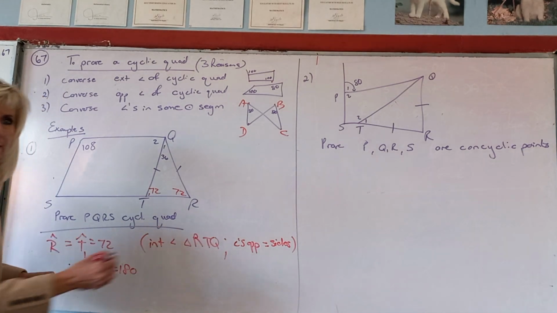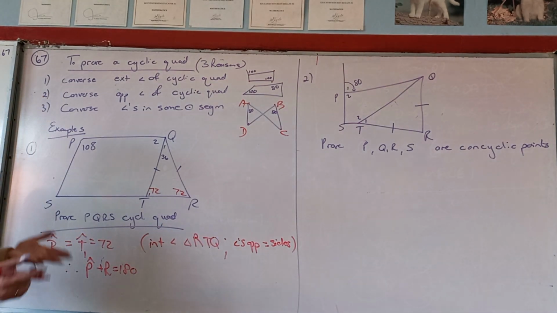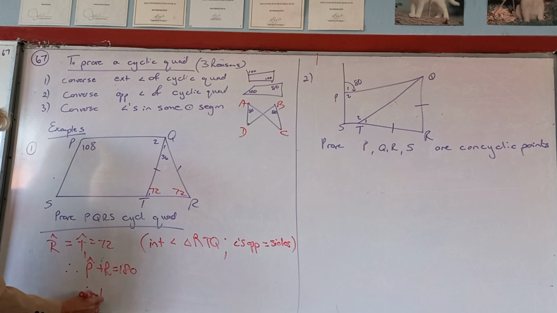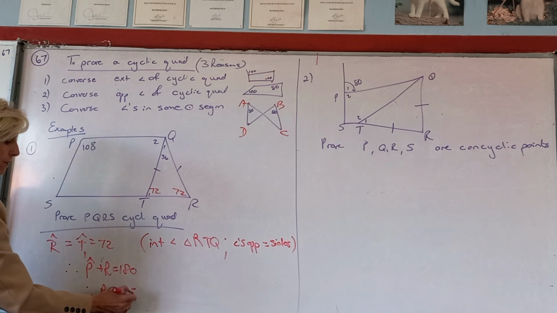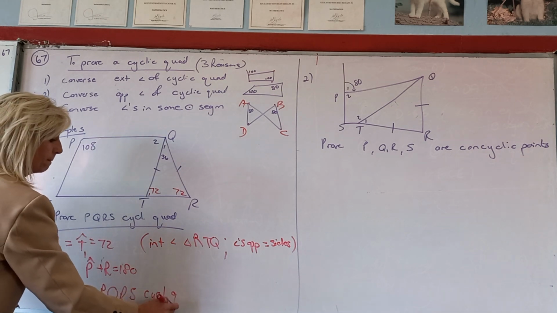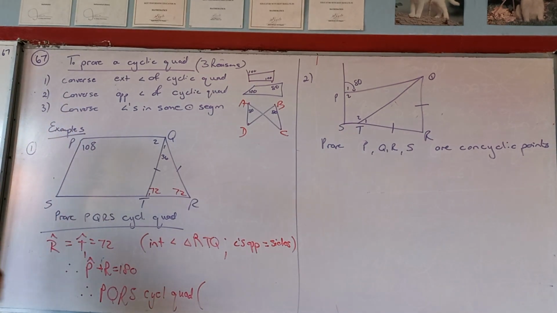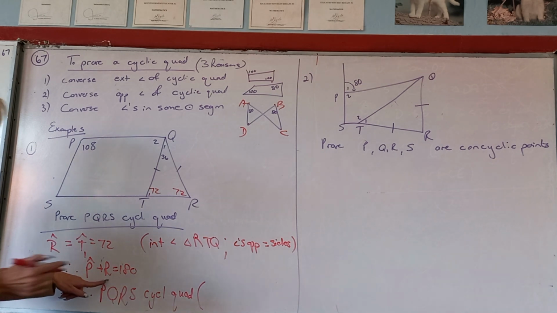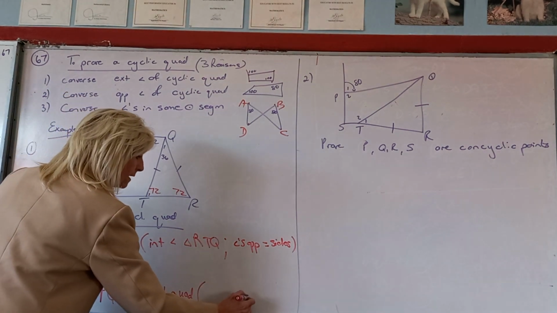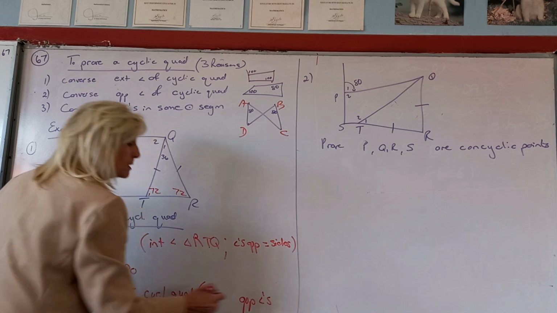Because I can add. There's no reason. Now I'll say, therefore, P, Q, R, S is a cyclic quad. The question was, prove it's a cyclic quad. So it is because of what? Because of opposite angles being? Supplementary. So what do we write?